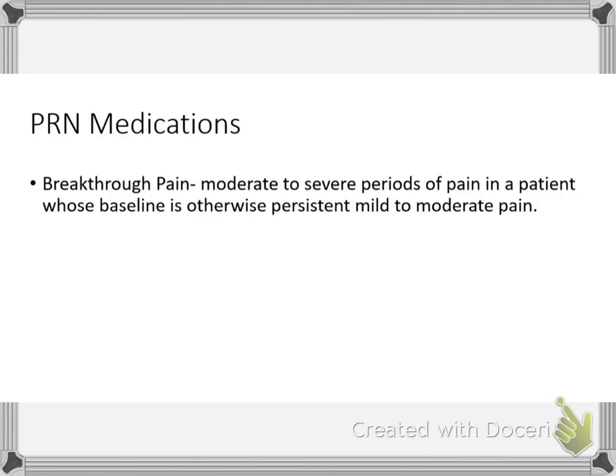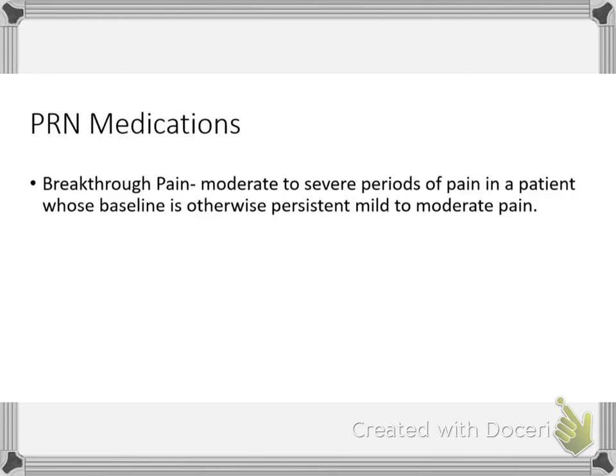Breakthrough. Sometimes you'll see this written like, oxycodone immediate release for BTP, breakthrough pain. It can be moderate to severe periods. So let's say your patient is on 10 of Percocet every 6 hours, around the clock.